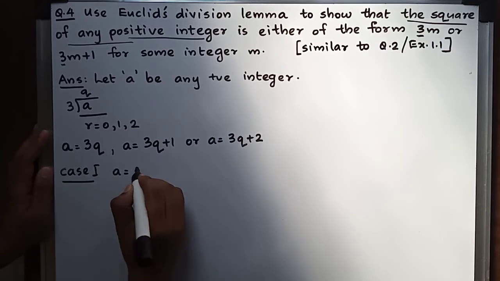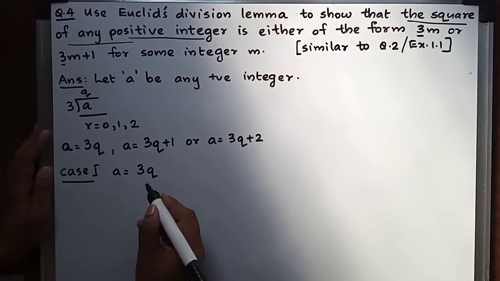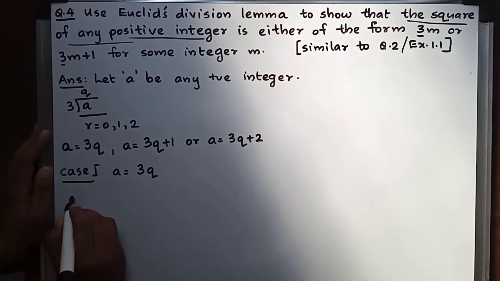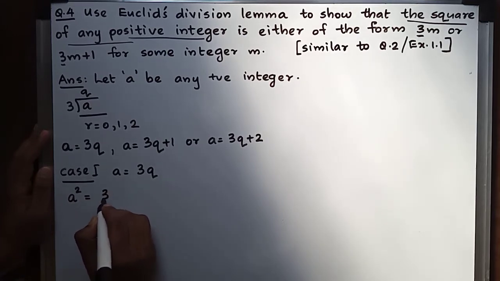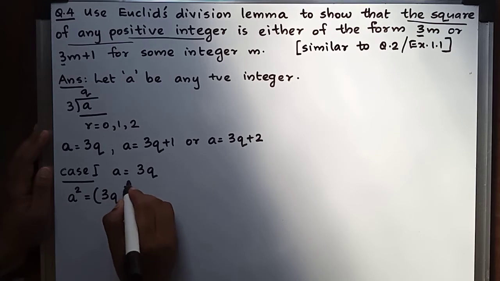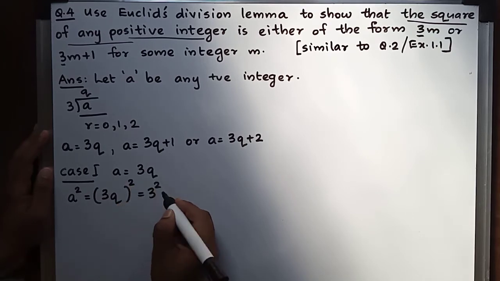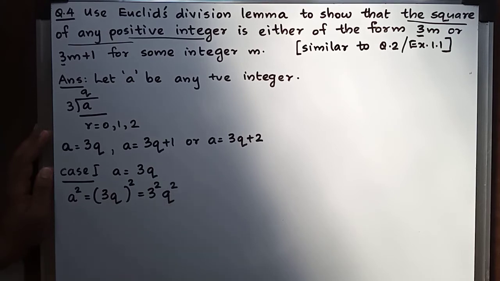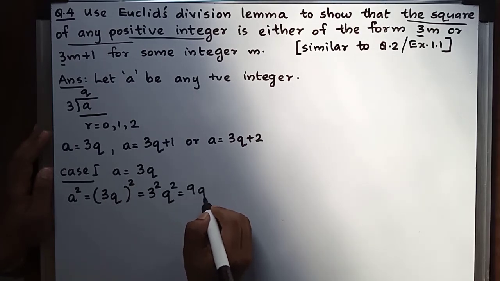Case 1: a is equal to 3q. Now we have to find the square of this. a square is equal to 3q the whole square, that is 3 square q square, and here we get 9q square.